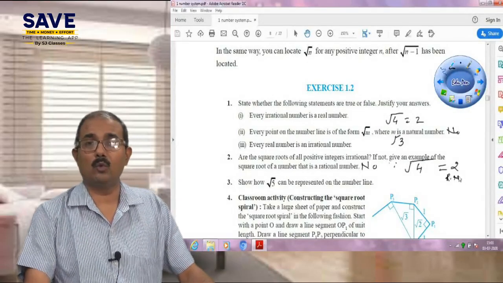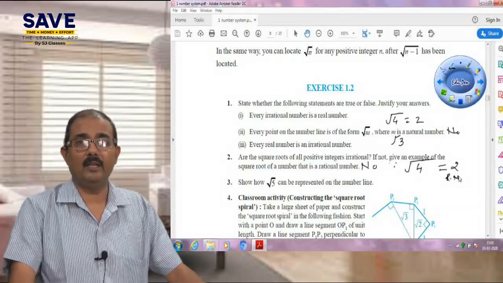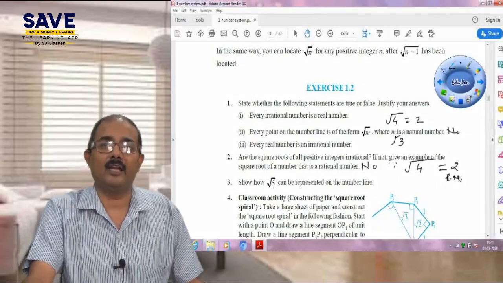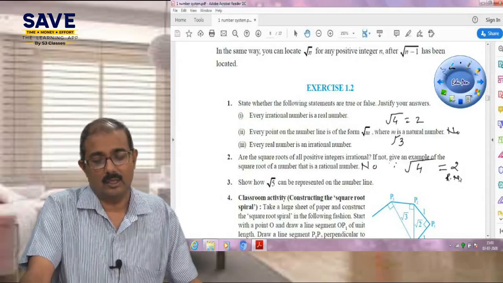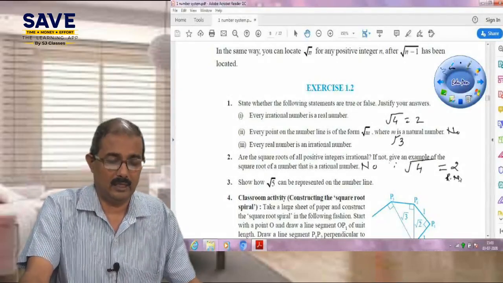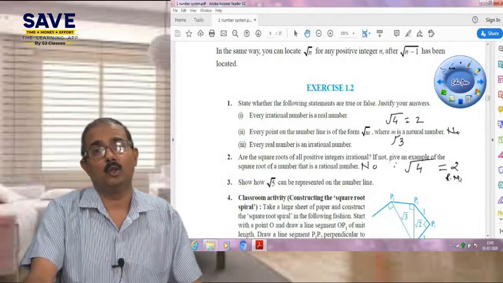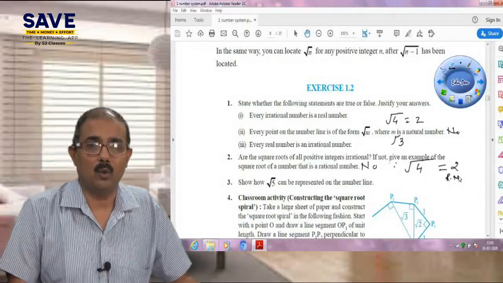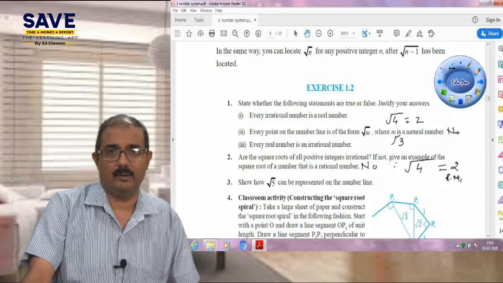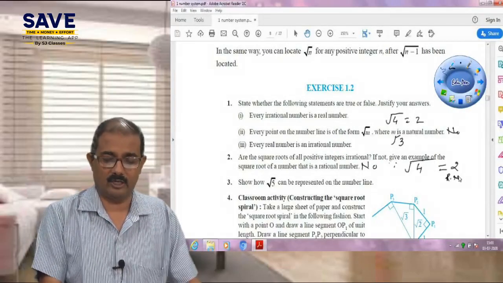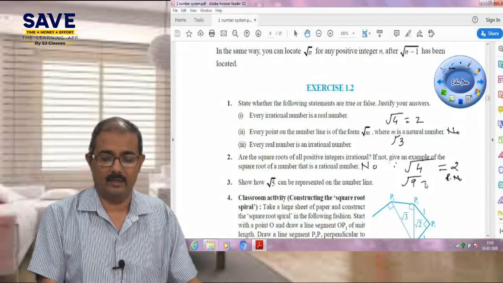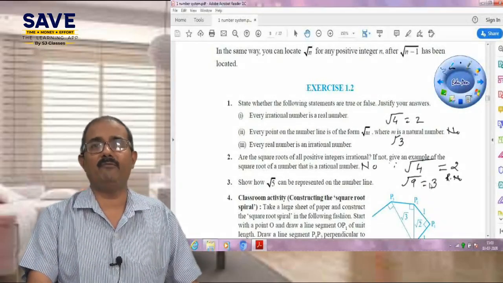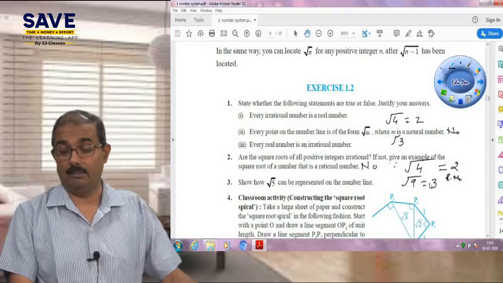So all square roots are not irrational numbers. Only those square roots which are not perfect are known as irrational numbers. Otherwise, those square roots which are perfect are rational numbers. For example, let us take another example: root 9 is a square root, but it is not an irrational number because it is equal to 3, which is a rational number.